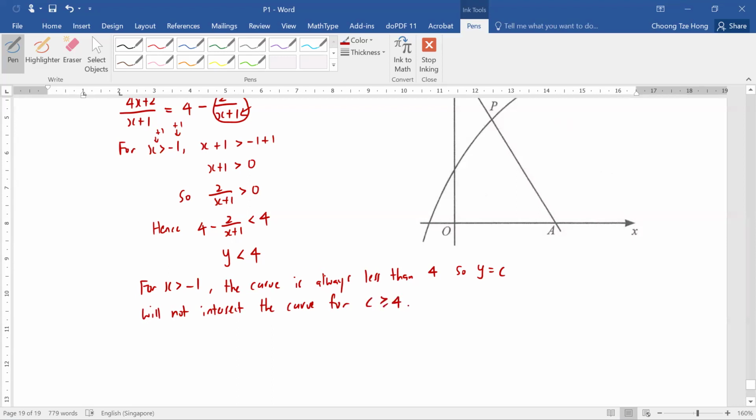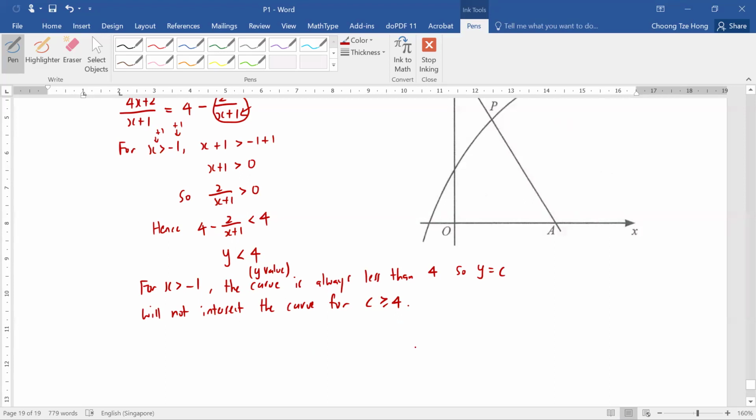This is basically how we explain why the curve will always be less than 4. When I talk about the curve, I'm talking about the y value of the curve. It's always less than 4, so the line will not intersect the curve for c greater than or equal to 4.